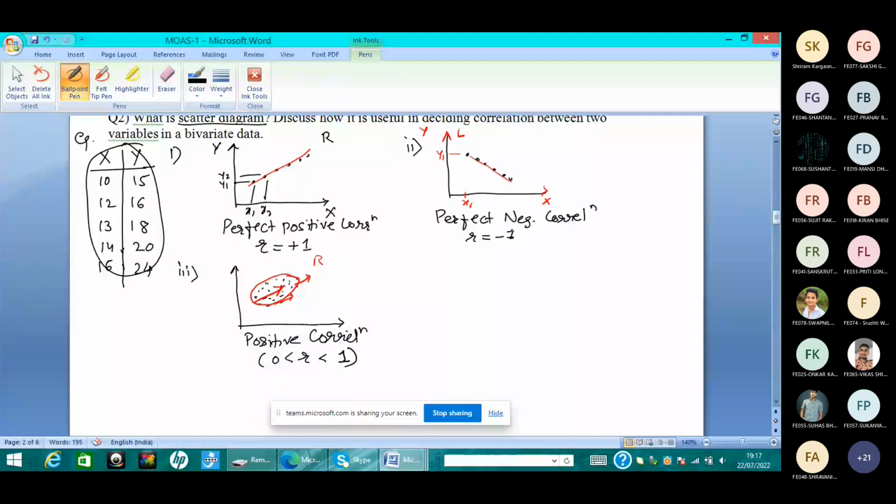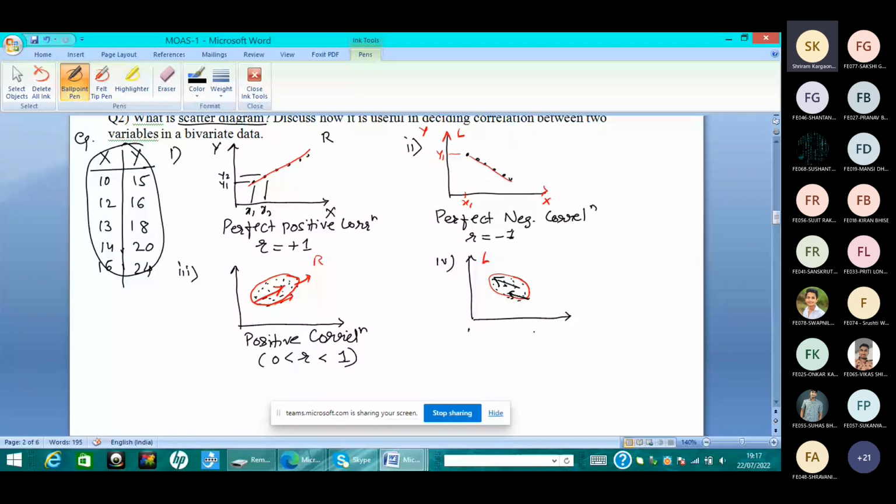Now, the fourth one. Are you all understanding? Please give a thumbs up. In the next case, just opposite to it, the points plotted have a general direction in the reverse or opposite side. You can clearly see that when x is increasing, y is decreasing.